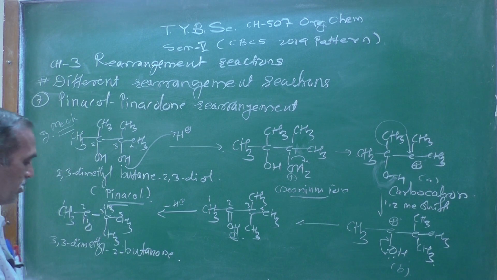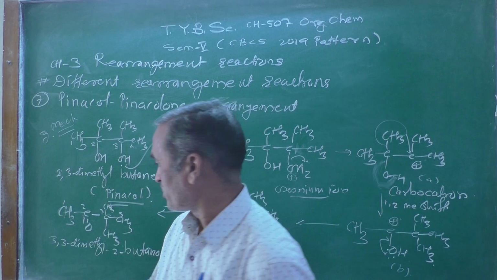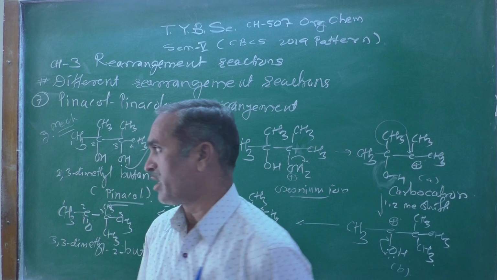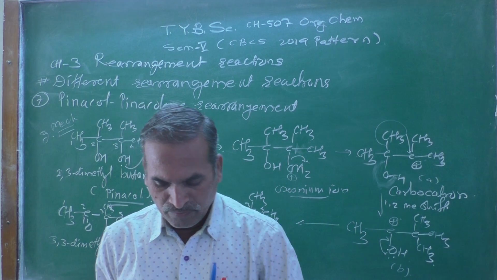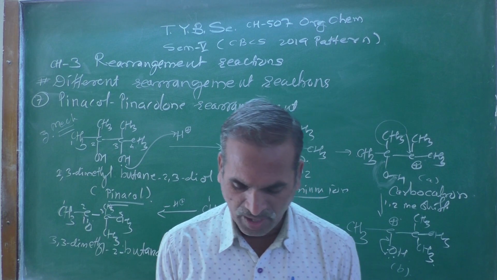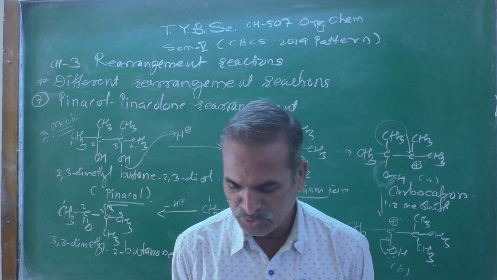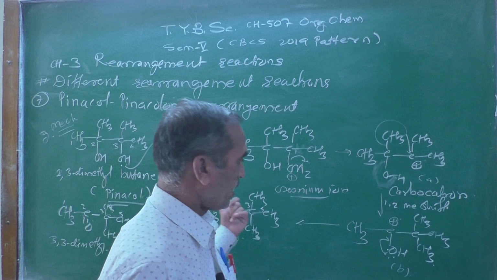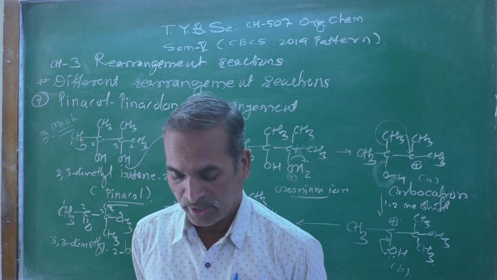This will be the final product we got over here. Finally, a proton is lost from the second oxonium ion to give the ketone, and the IUPAC name I have written on it.